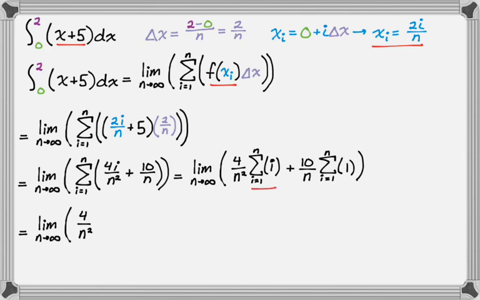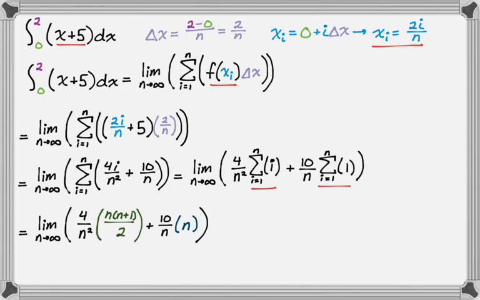I have memorized that the sum of i from 1 to n is n times (n plus 1) all over 2. You definitely need to memorize those if you're going to go through this process. Plus we have our 10 over n, and I've also memorized that the sum from 1 to n of 1 is just n. So we have this, and close our parenthesis.